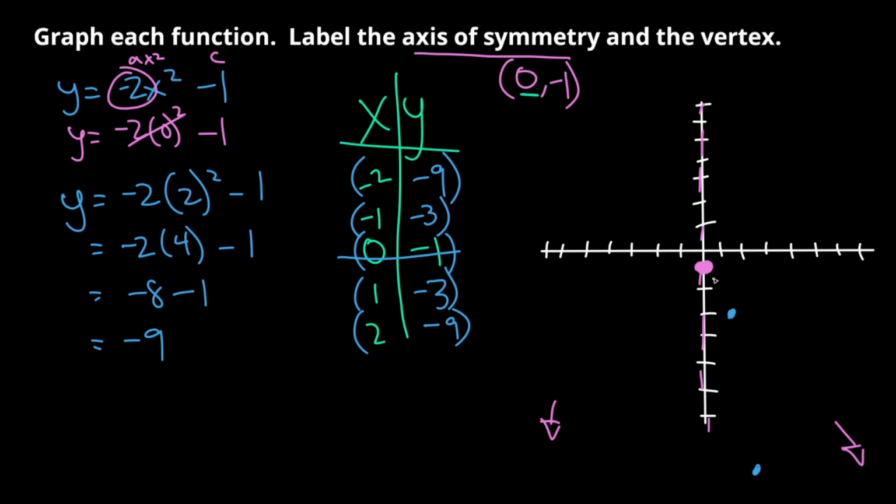And we can do the same thing because it's a mirror image on this side. So over 1, down 3, over 2, down 9. So our graph looks like this. We have the vertex and the axis of symmetry.